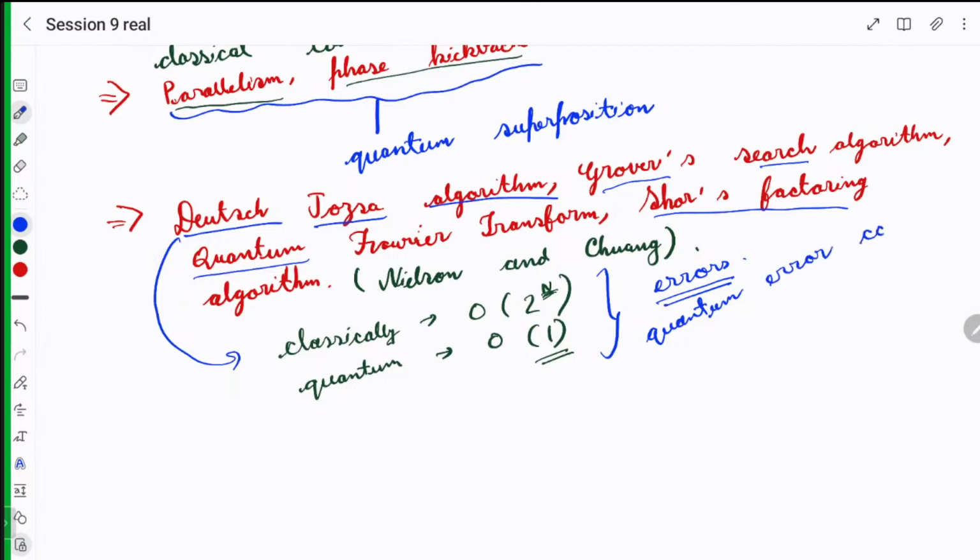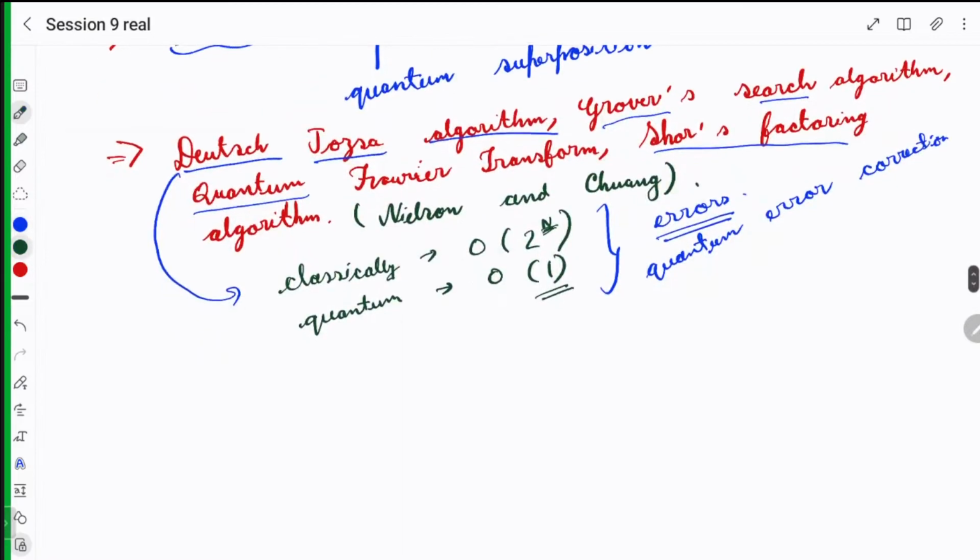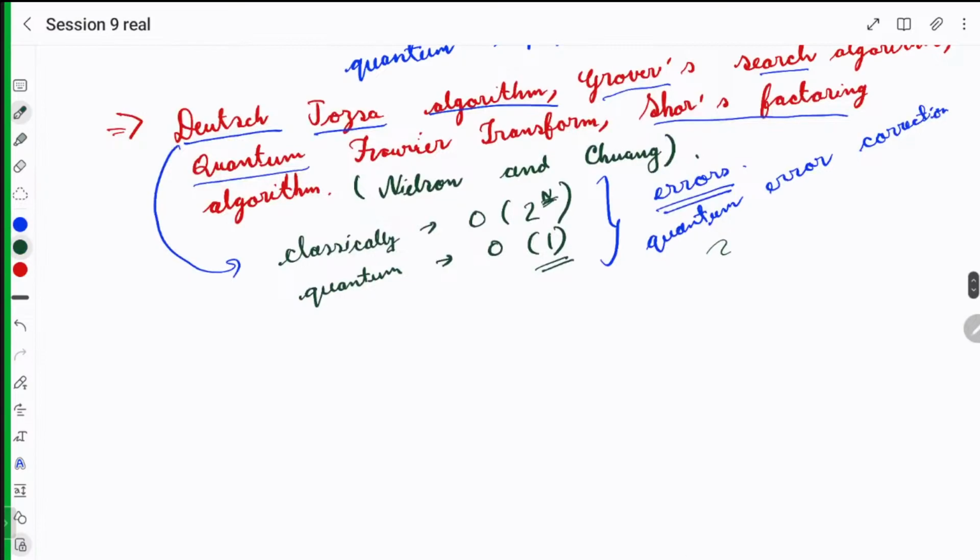So the basic idea of quantum error correction is that you take some number of physical qubits. Let's say you take 7 physical qubits. These are the actual atoms or superconducting qubits, the actual physical objects.